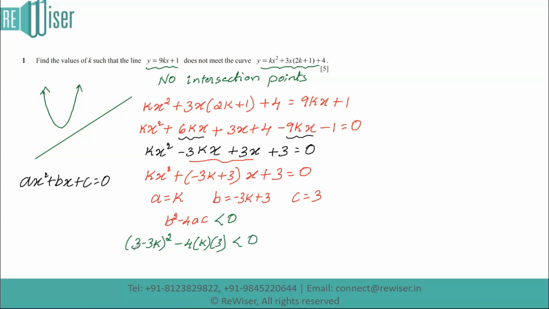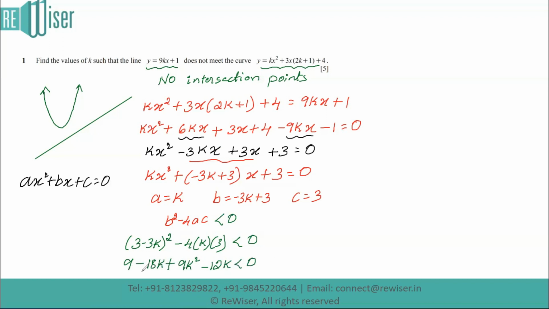If I simplify this, (a − b)² is a² which is 9, minus 2ab, which is 2 times 3k, so 18k, plus b², which is (3k)², that is 9k², and minus 12k, is less than 0.